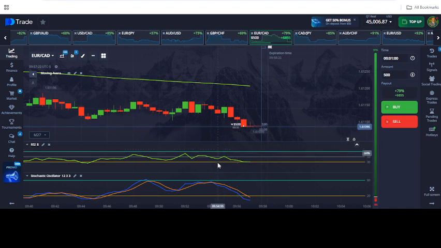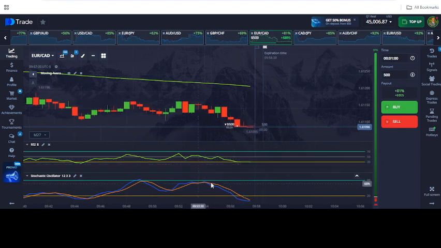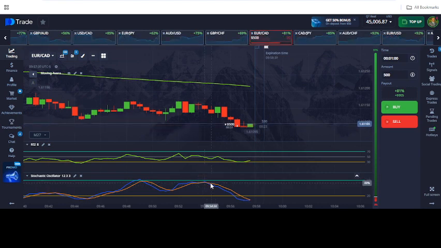Secondly, the RSI line has crossed below the 50 line and is holding steady below it. And thirdly, we have the stochastic oscillator, the D line crossing below the K line here in a downward direction.